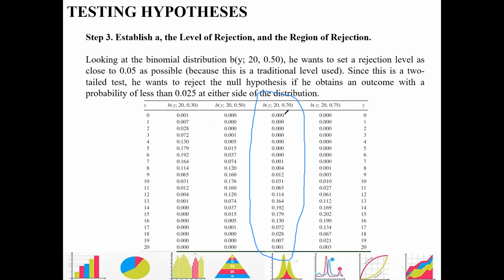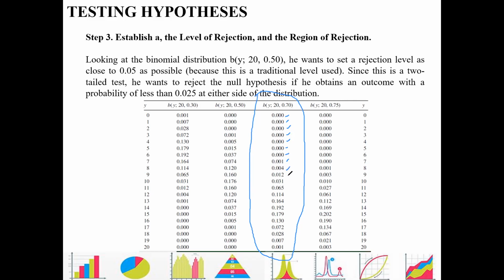Do we include 0? Yes. 1? Yes. 2? Yes. Kaya na natin lahat ng 0. Okay, do we include 7? Opo, sir. How about yung 8? 0.004?